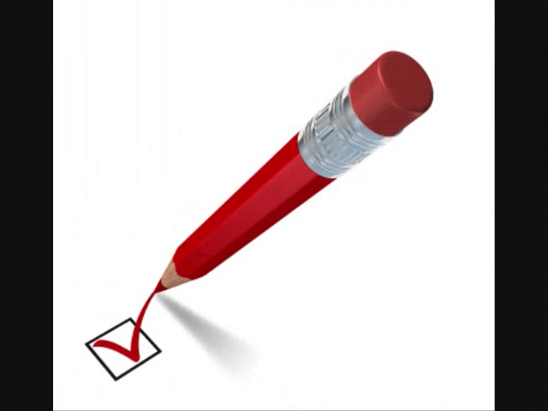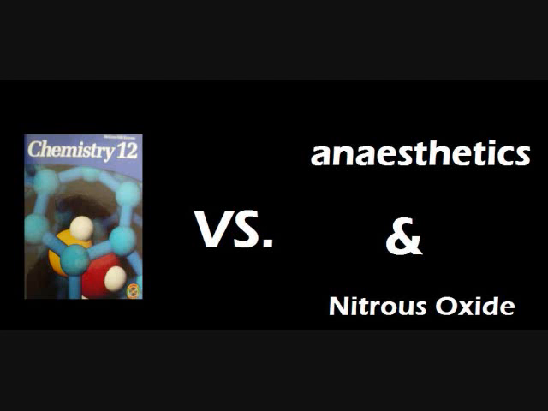Now that we have a basic background on what anesthetics are and where they are used, I'm going to introduce you to three concepts of chemistry that we learned this year and are related to anesthetics, especially nitrous oxide, which is a significant type of anesthetic. All the connections that we have are related to chapters 3 and 4 in our chemistry book.